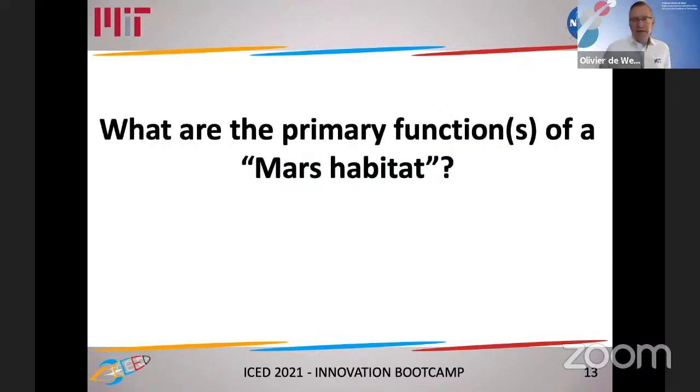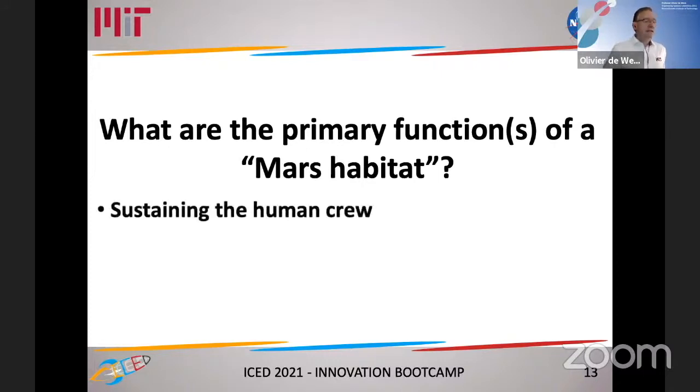So hopefully with that introduction, very basic examples, but the notion of separation of function and form, the notion of multi-level decomposition, and what functional decomposition actually is is hopefully a little bit clearer. So one of the epic problems that we have addressed in this program in the past, and that continues to be a grand challenge for us, is a Mars habitat, habitation on Mars, creating an off-world settlement where humans can live.